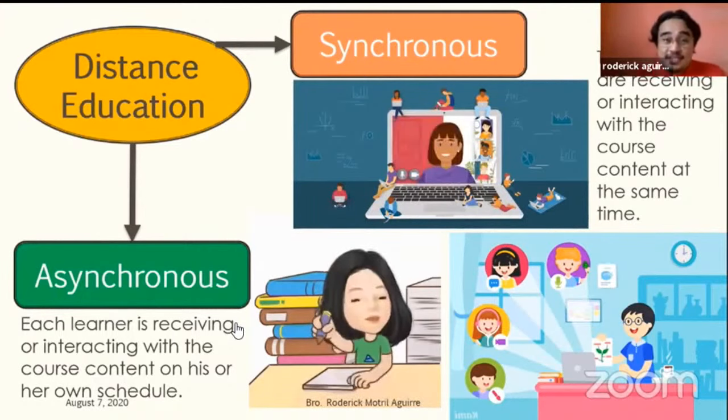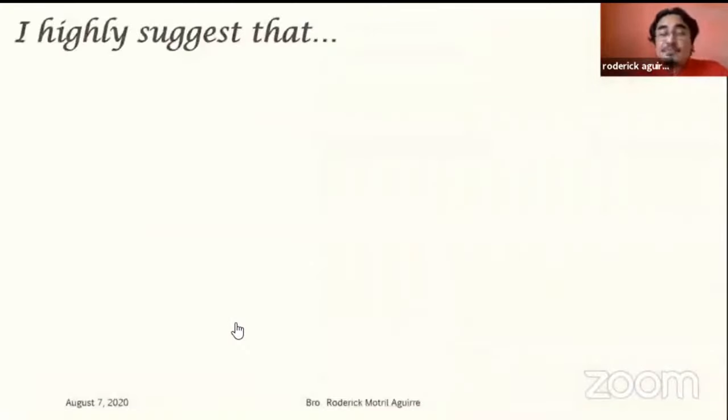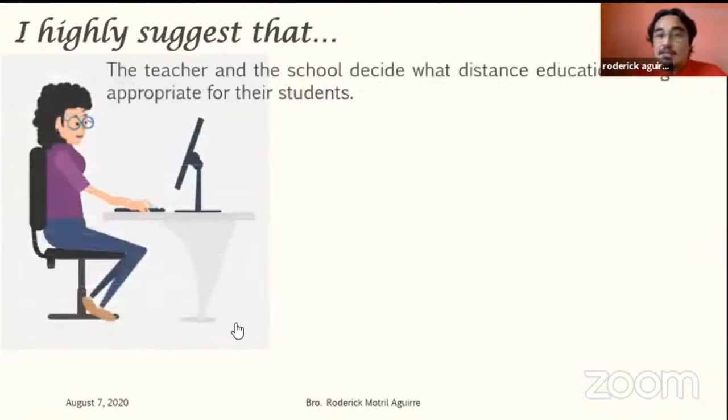So may I suggest this? The principles of distance education show us, and research shows, that we can design distance education in 3 ways. And this is my suggestion to you. The teacher and the school should decide what distance education design is appropriate for their students. Bakit po? Ang school at ang mga teacher ang nakakilala ng mga sitwasyon ng kanilang mga estudyante. Sila lang po. Okay?